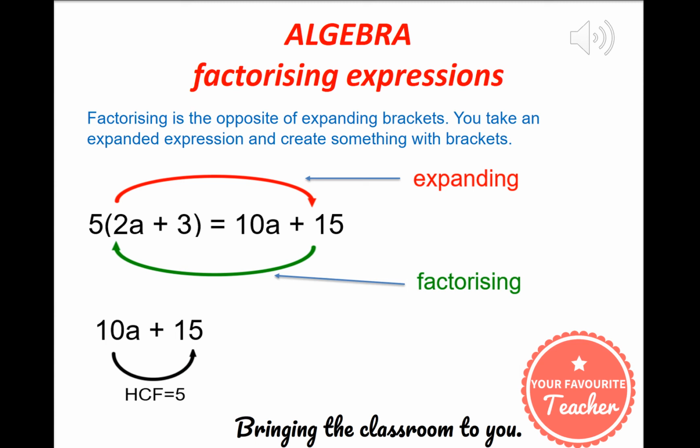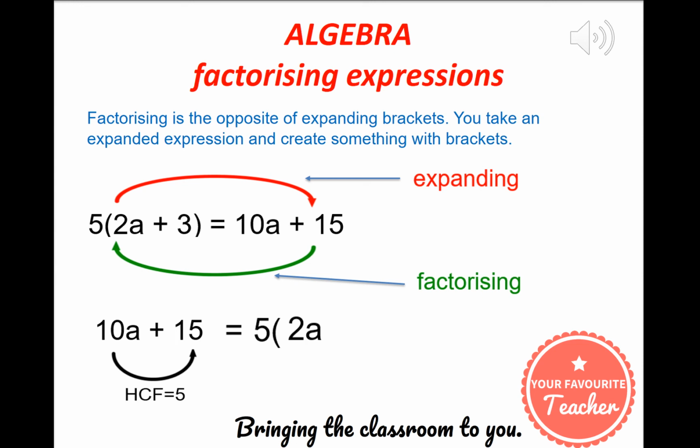So we would write 5 with a bracket. And now we're going to put into the bracket all the other things that would multiply by 5 to give us 10a plus 15. So the first thing is, 5 times what gives us 10a? And that answer should be 2a.